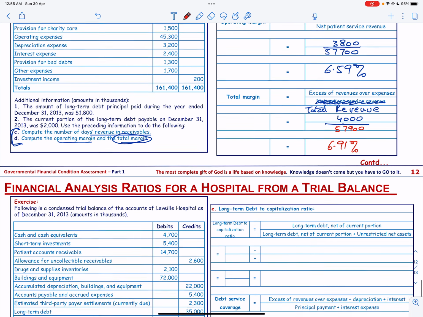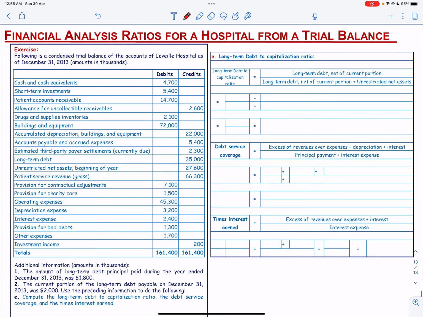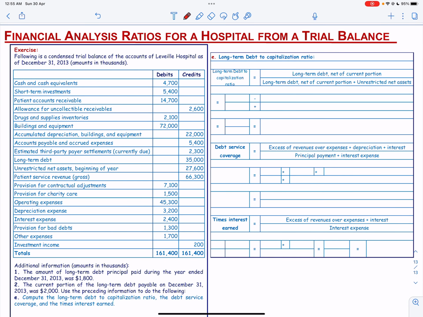Next we go to part E, and in part E they ask to compute the long-term debt to capitalization ratio. So long-term debt to capitalization ratio will be equal to long-term debt net of current portion.